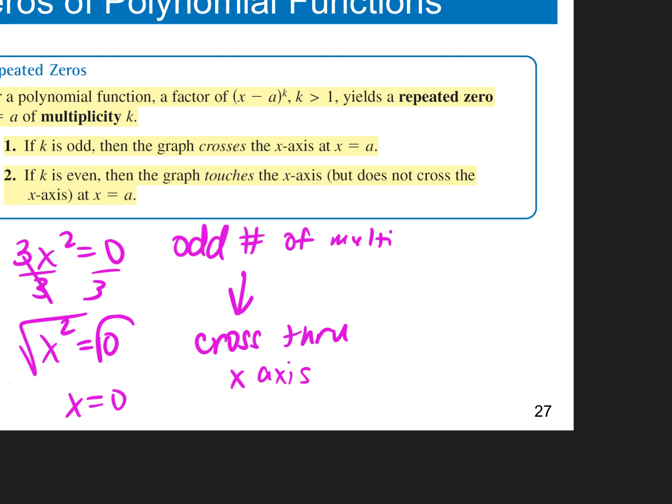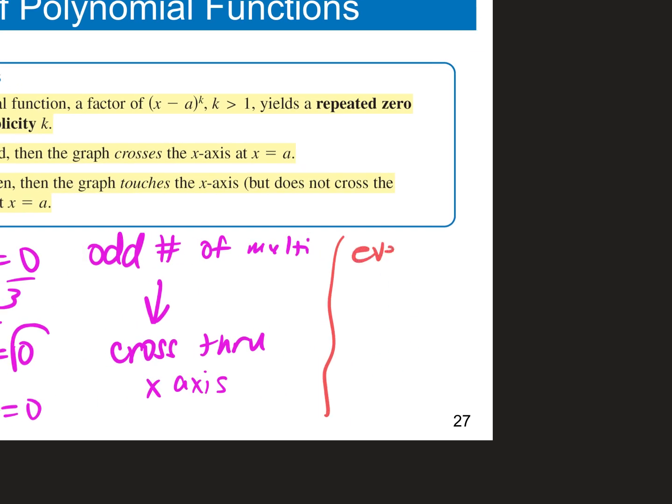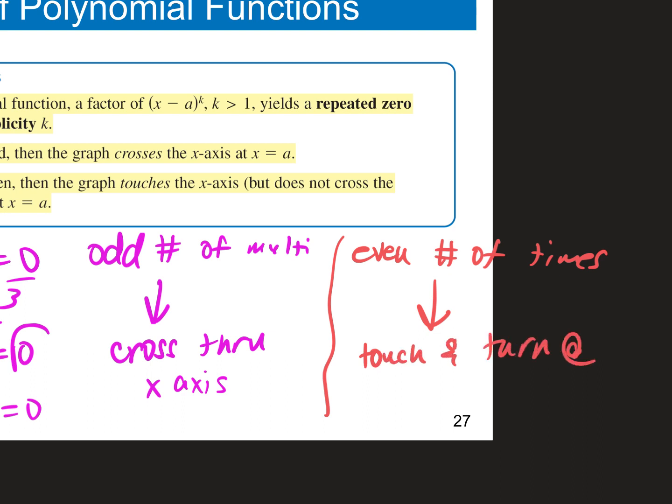Say you get the same answer, you get multiplicity an even number of times, meaning, in the example I just gave you, we had 0 how many times? Twice. Your graph is going to touch and turn at the x-axis, or bounce, you can say it. Let me show you what that means graphically.